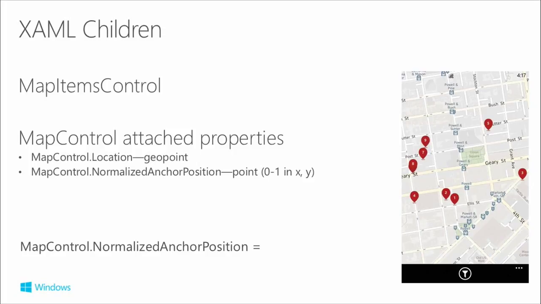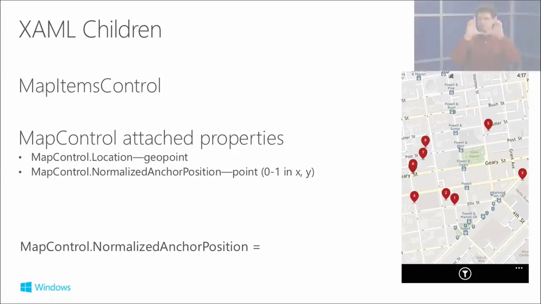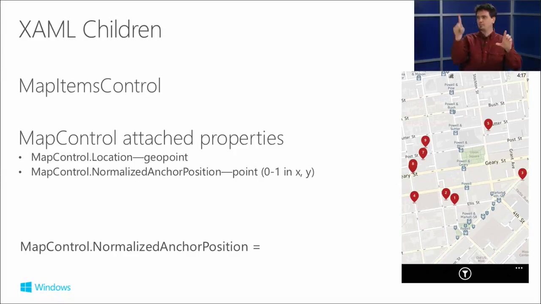Now, the way a normalized anchor position works is essentially you view your entire control as a 1-by-1 grid. We're talking about the icon. Right, so a 1-by-1 grid. Right, so the icon that you see there, let's say it's a XAML element, and it's got a vector and it's got some text, and maybe we've bound to that text somehow. We don't want the geolocation to be up at the top left corner, which is where it would be by default.